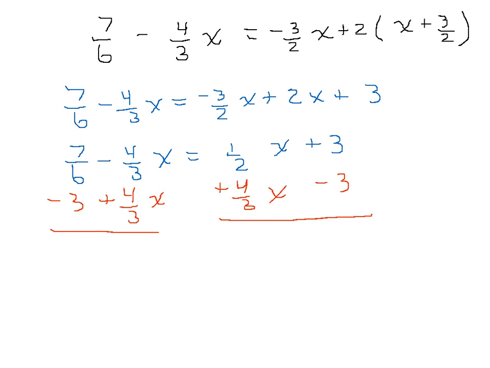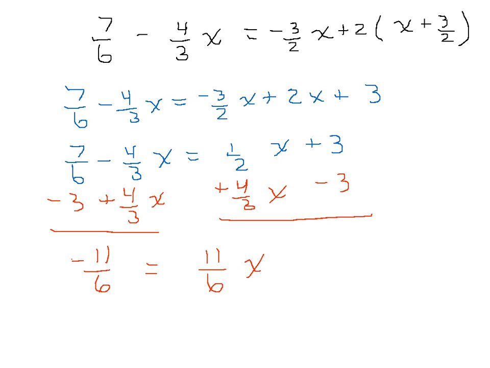Okay, so take a look at these fractions that I have to add and subtract now. 7 sixths minus 3, well 3 is the same as 18 sixths, so if I do that subtraction, I get minus 11 sixths equals, now if I look over here, I have 1/2 x plus 4 thirds, and so in terms of simplifying that, this is 3 over 6, and this is 8 over 6, so what that gives me is 11 over 6x. So take a second and check the math on that.